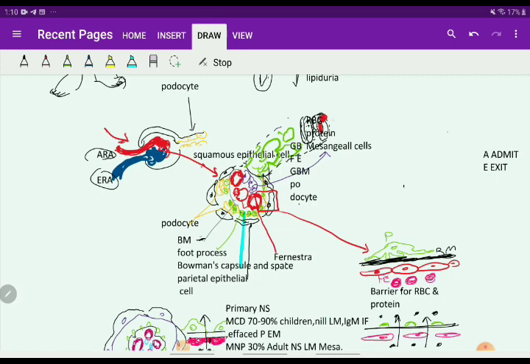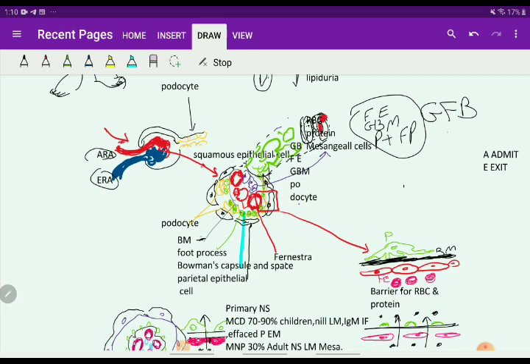So in sequential layers we have the fenestrated endothelium, the glomerular basement membrane, and the podocytes with their foot processes, which are the main components of the glomerular filtration barrier.